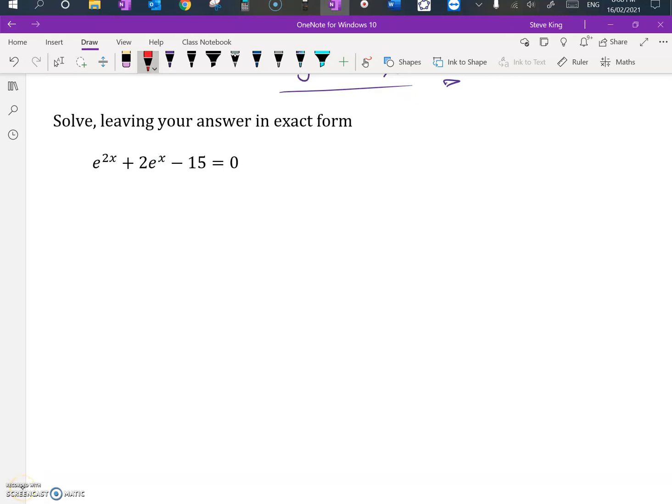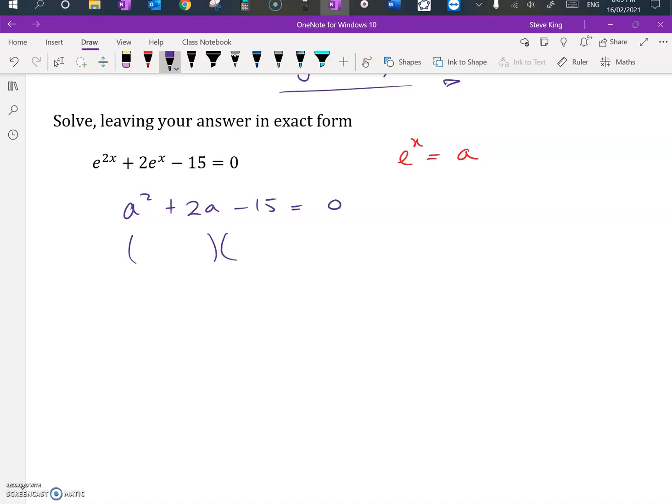The key to this one, of course, is to make a substitution, to recognize that e to the x would possibly be better expressed as a, in which case this equation is going to be a squared plus 2a minus 15 equals 0.